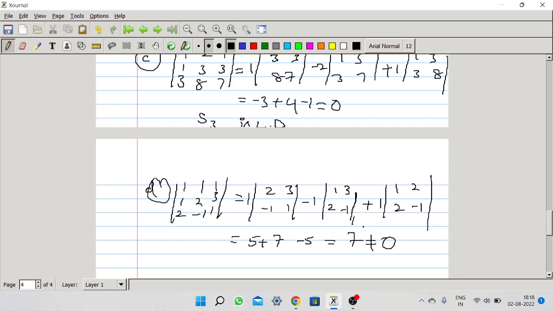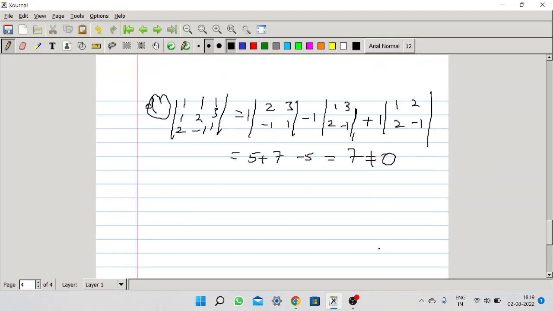Are the calculations correct? 2 plus 3 is 5, minus 1 minus 6 is minus 7, so plus 7, minus 1 minus 4, minus 5, okay, equal to 7, that is not equal to 0. So the set is linearly independent.